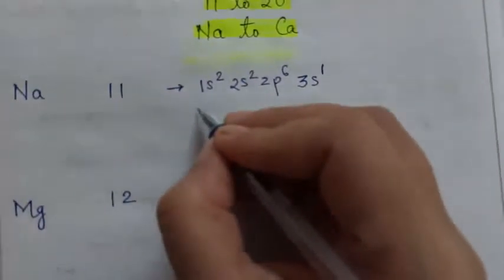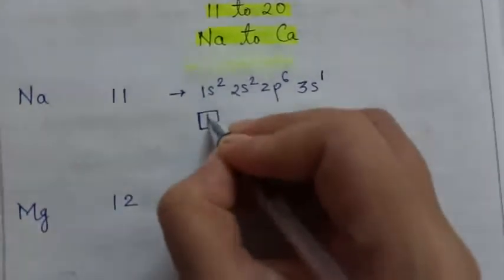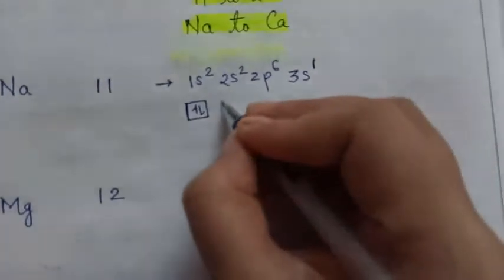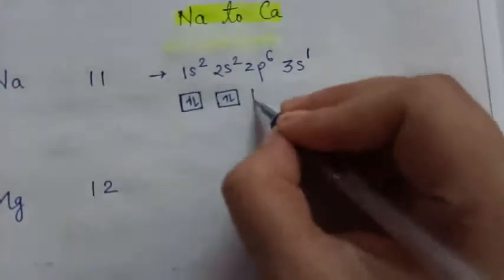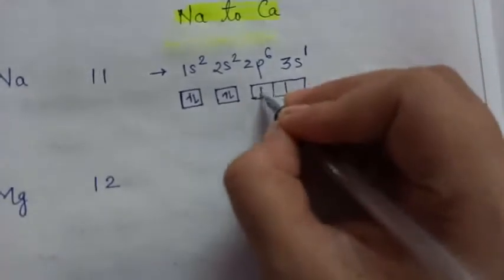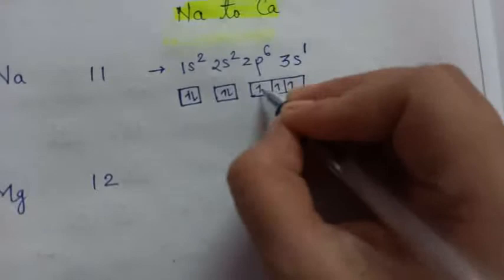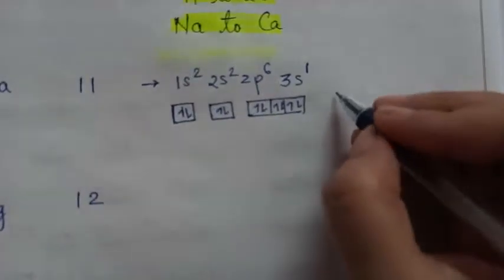Now when it comes to draw this electronic configuration, then it is drawn like this: 1s2, 2s2, then comes 2p6. Fill first of all singly, then pairing takes place. This was the Hund's rule.